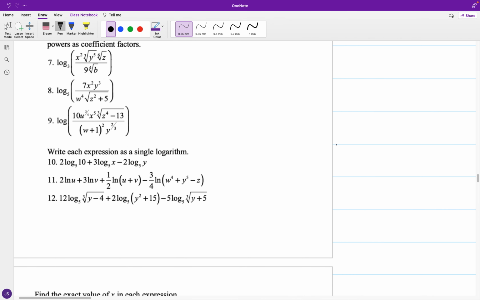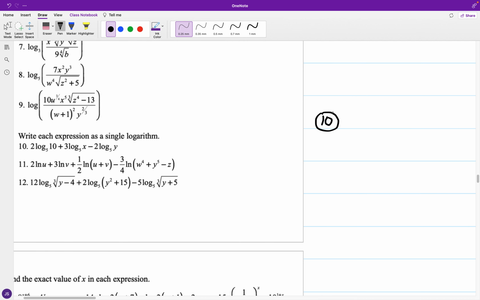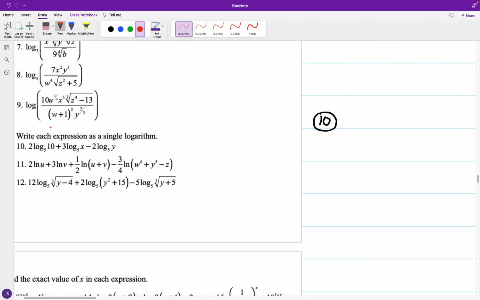And for the setup we have in number 10, what we can do here is that notice for the coefficients, we can make those into exponents because instead of expanding, we're looking at contracting.